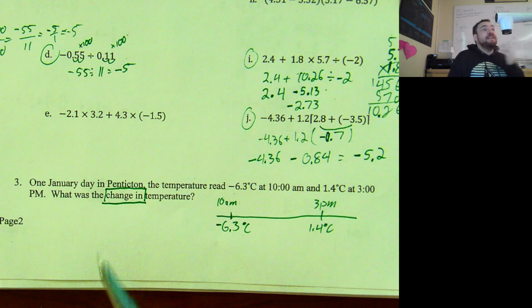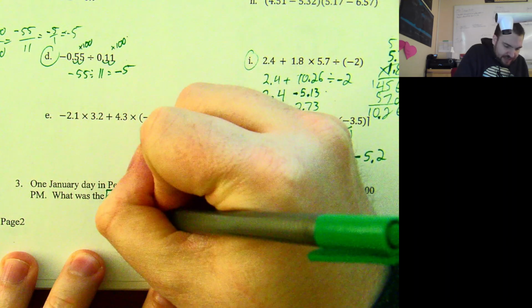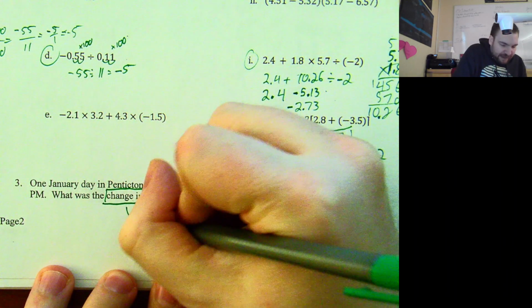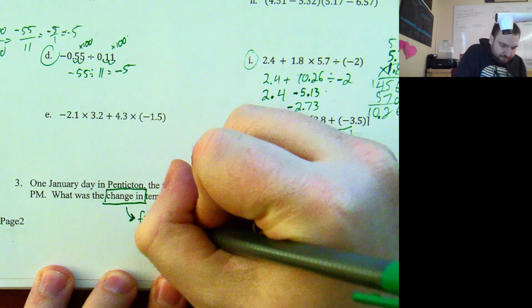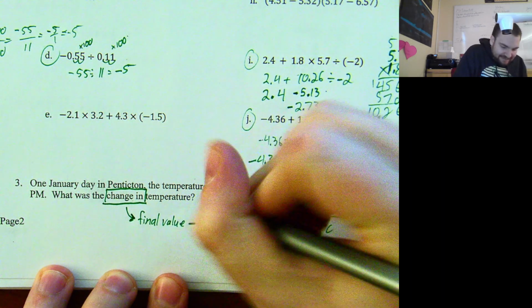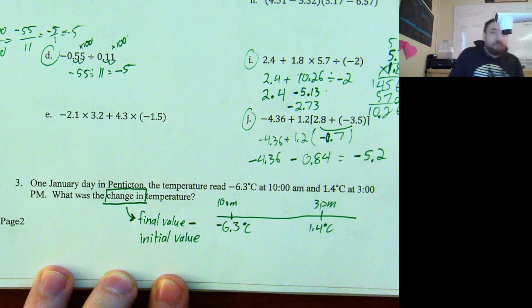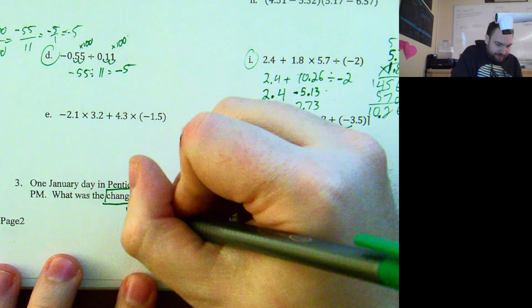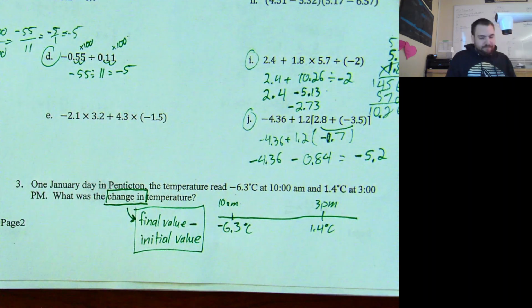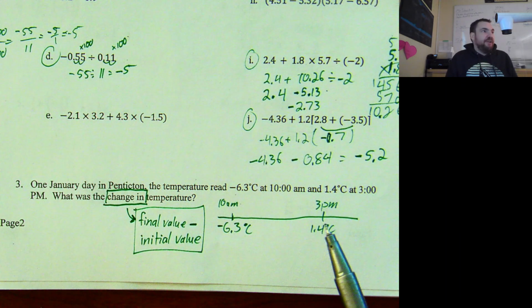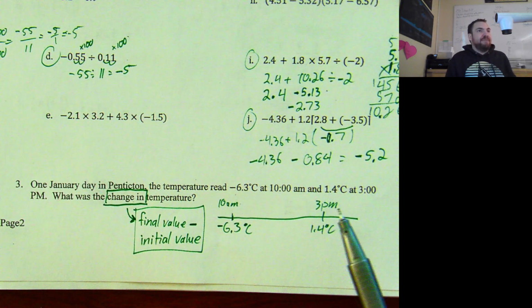A change in is always understood to be a final value minus your initial value. And so in our question, the final value is the 3 p.m. value because it's later in the day. Time goes forward, not backwards.